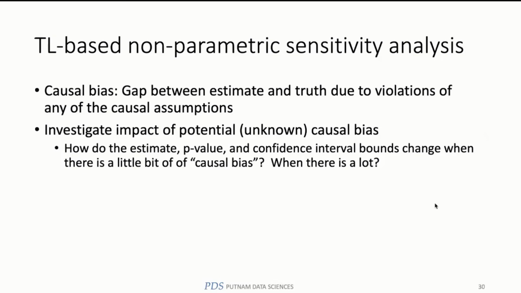So that's the kind of thing that you need to use domain expertise to think about. But the plot I'm going to show on the next page can at least help you think it through.